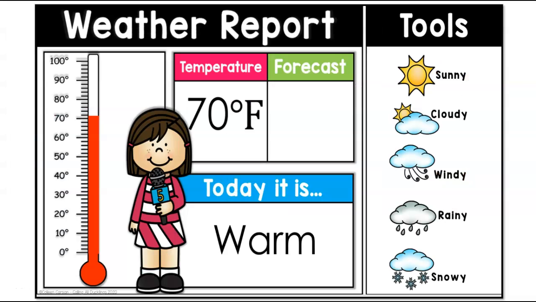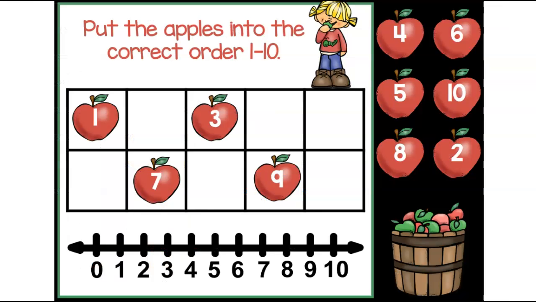Then we might swing over and talk about weather and thermometers, and then we might swing over and do some adding and subtracting and ordering numbers. So you can see that there's a lot of variety in the topics, but we touch on each one a little bit every time we meet.